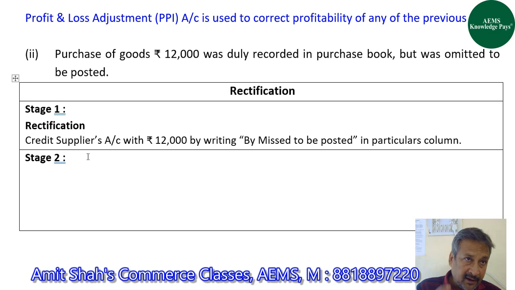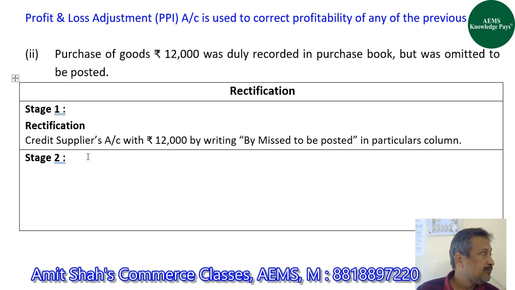Right? And the accountant is in a hurry to close the trial balance. Then he opens a new account called suspense account with its balance on the side which is lesser than the other side. So which side here is lesser? Credit side. So he will open a suspense account in his trial balance at the end of the trial balance and will write in credit column 12,000.